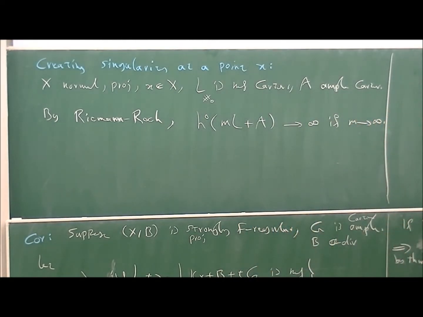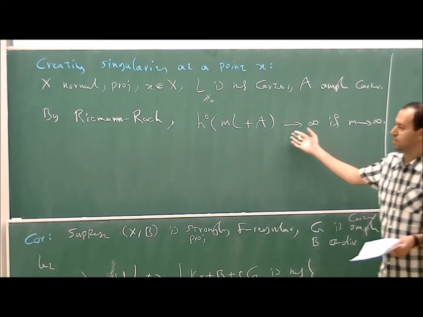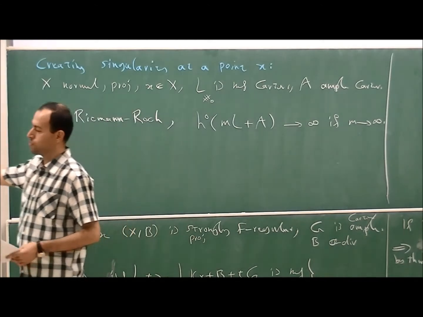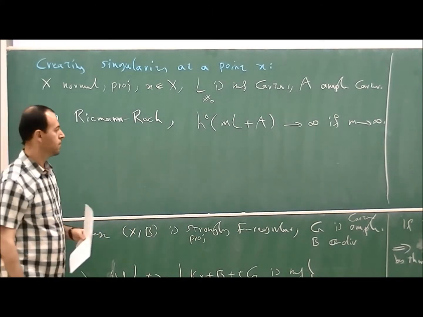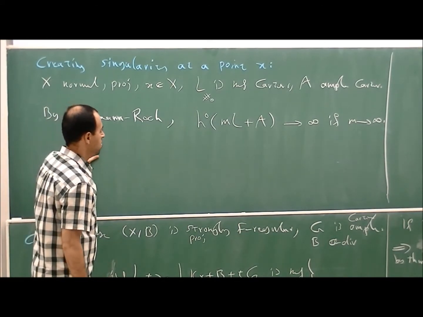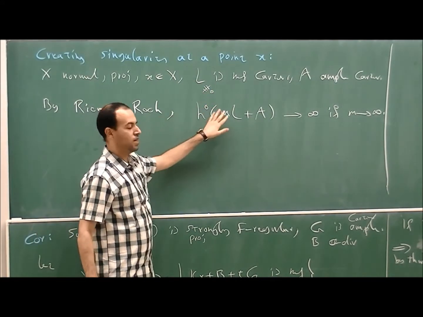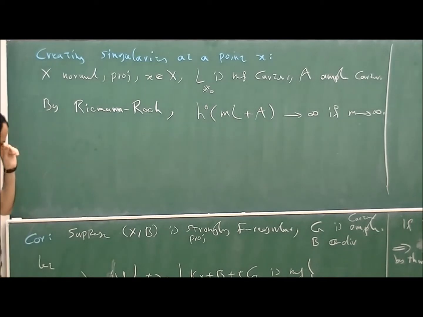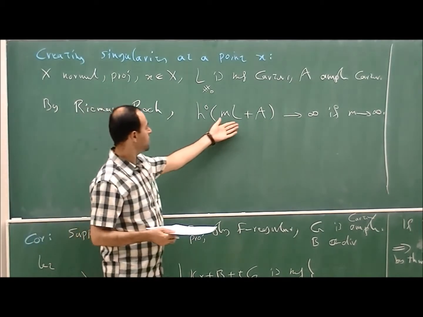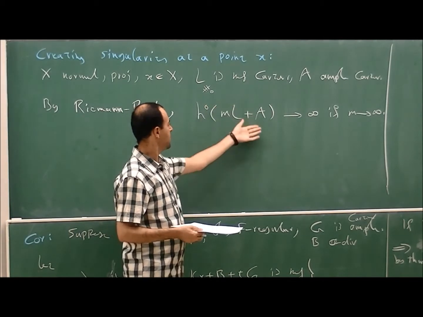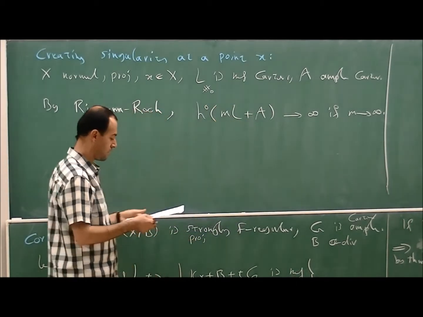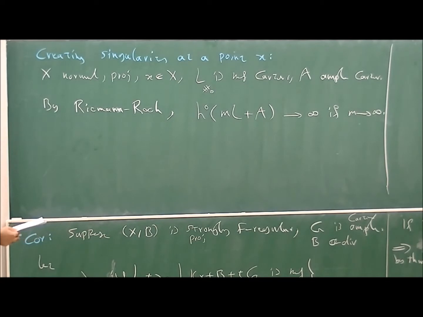In other words, when you take m to be very large, you in fact have a lot of sections. Having a lot of sections is exactly what we need for this kind of step. And here we use the fact that L is not numerically trivial, otherwise you don't get this. So we try to find divisors in the linear system given by this divisor so that they are very singular at the point X.